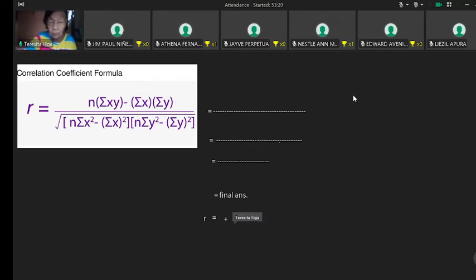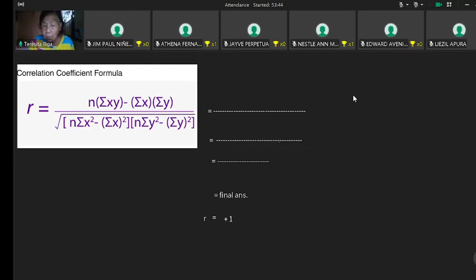So that is the correlation coefficient of this. Now take note that we are establishing the relation only of x and y, with no specified variable. After getting the answer of correlation, a positive 1, we can say that it is a positive correlation. But you will have to make your decision.